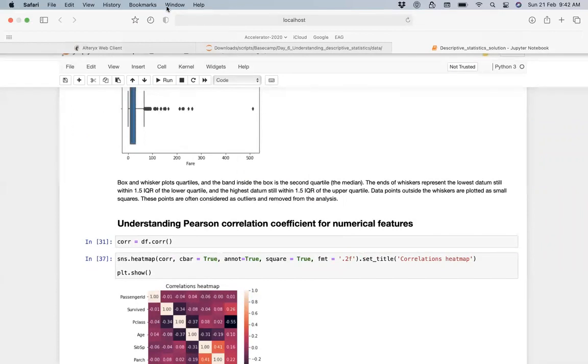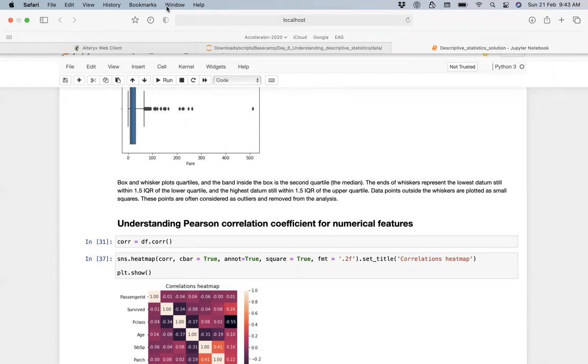Okay. So the last point for today, or the last important element in descriptive statistics, is correlation coefficient. What do I mean by that? Let me start with a question. When we are working on any particular data set, we have different columns available in it.